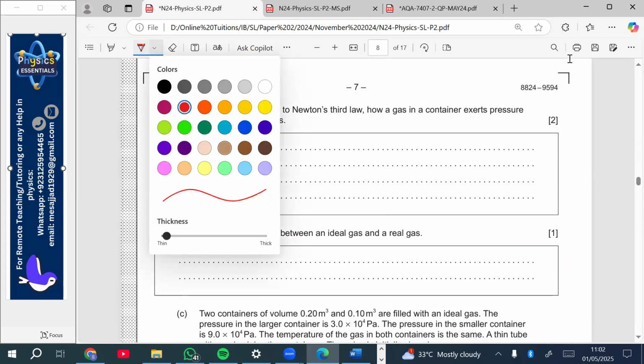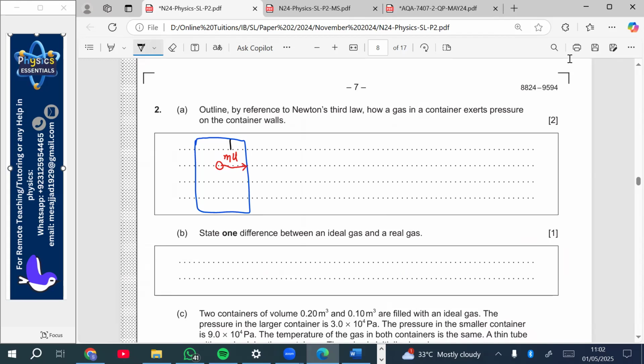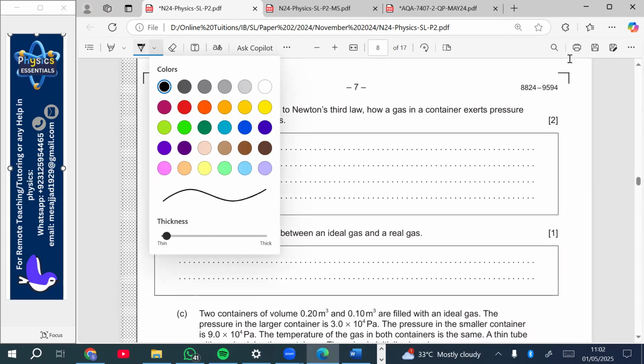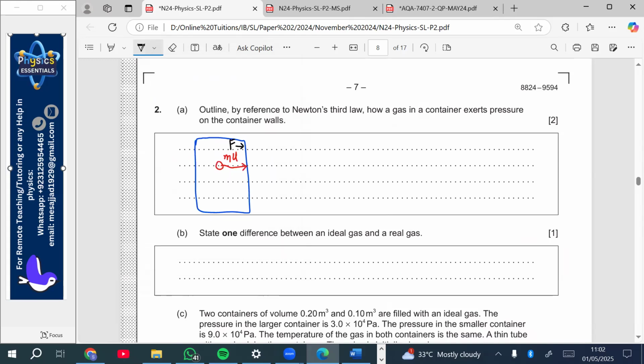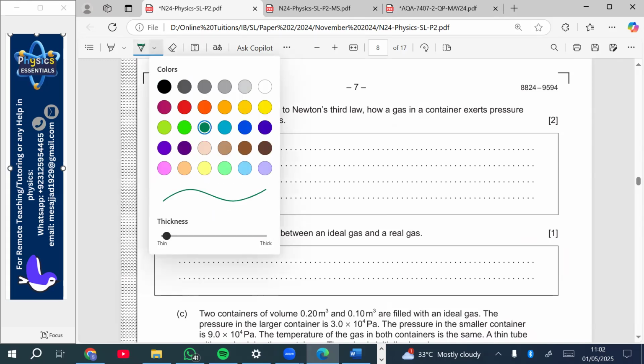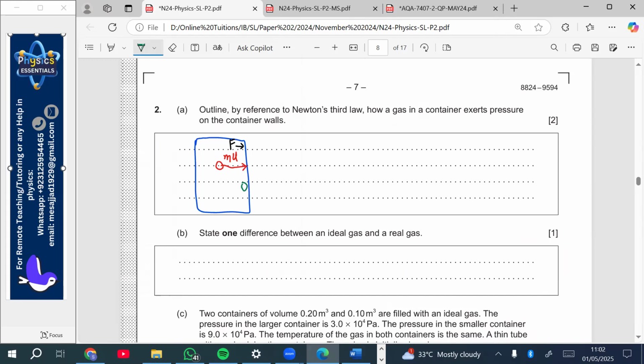This molecule is applying an action force towards the wall, right? And upon hitting the surface of the wall it will head back with the same force, but in opposite direction.